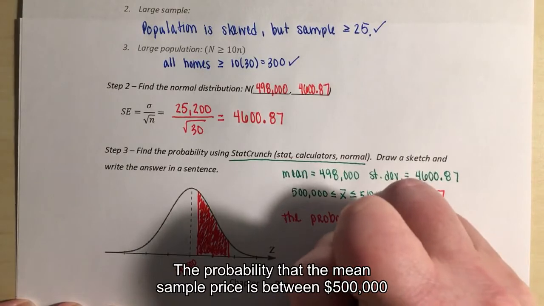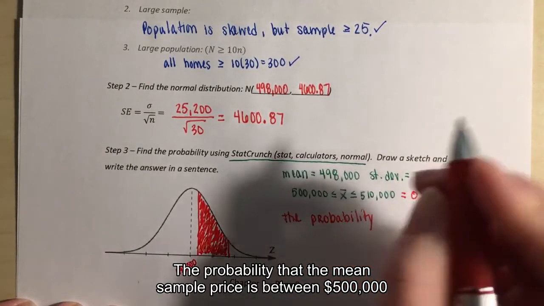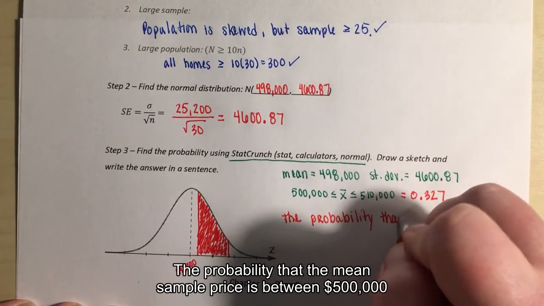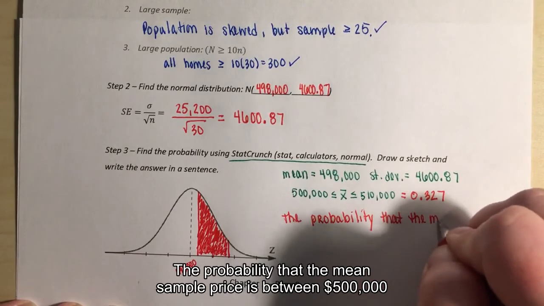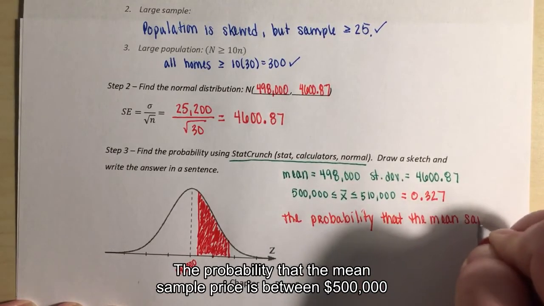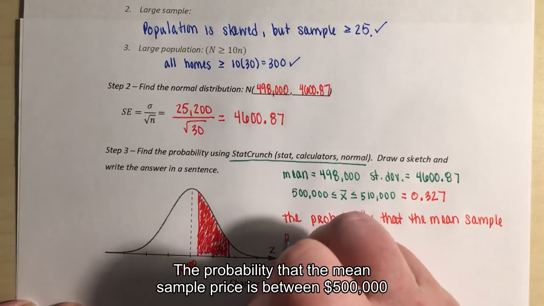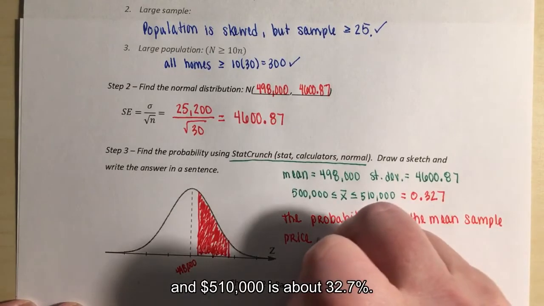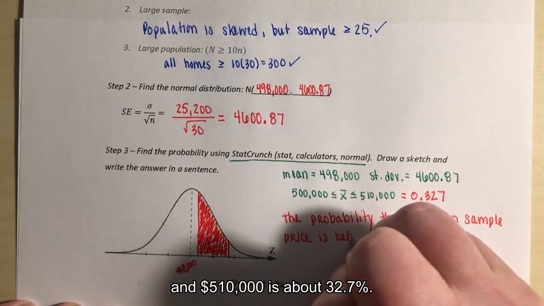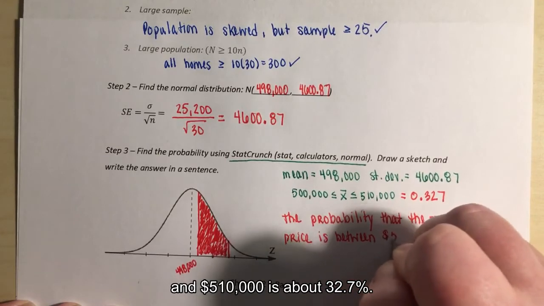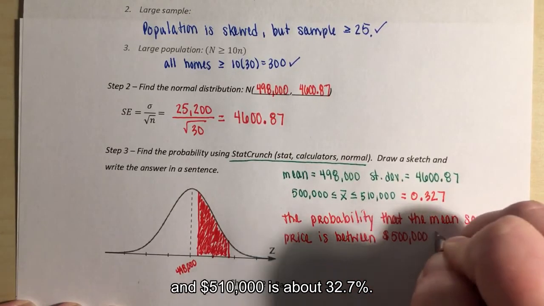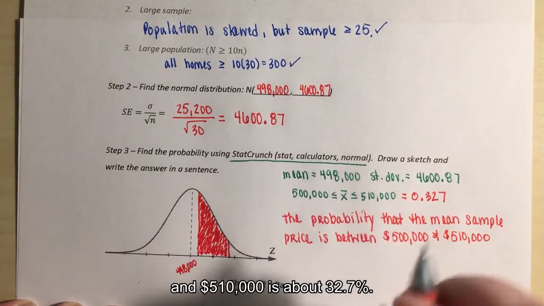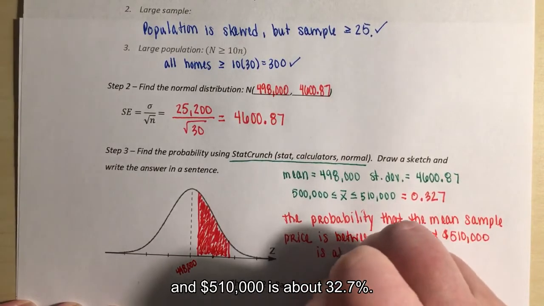The probability that the mean sample price is between 500,000 and 510,000 is about 32.7%.